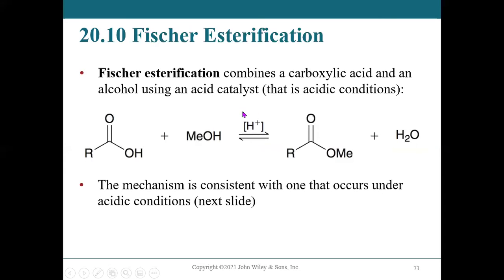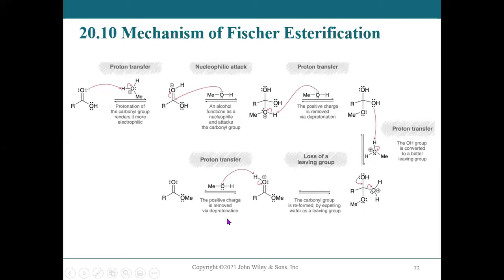Fischer esterification combines a carboxylic acid and an alcohol using an acid catalyst. That is the acidic condition. So here the acid has alcohol, produces ester. The mechanism is consistent with one that occurs under acidic condition. Next slide, this slide.